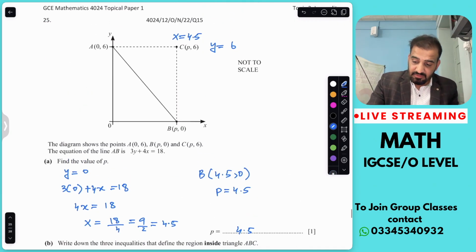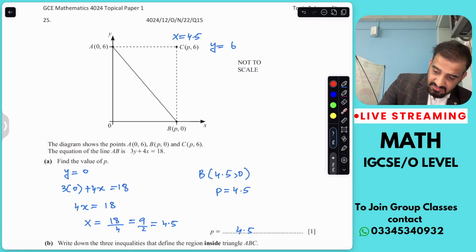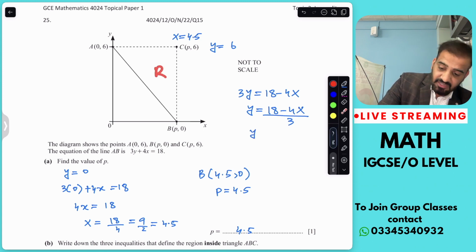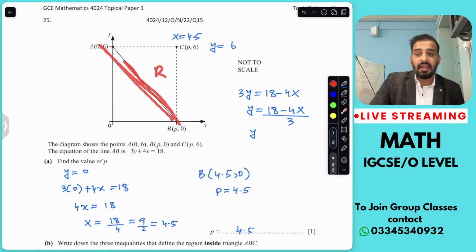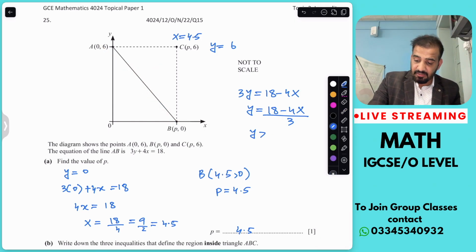Next, we have this line. First of all, make y the subject. 3y is equal to 18 minus 4x. y is equal to 18 minus 4x over 3. So this region is above the line. This is your line and your region is above this line. So you will write y is greater than 18 minus 4x over 3.